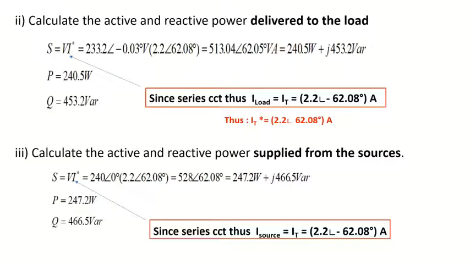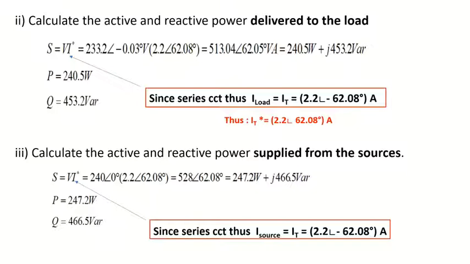The I you got is about 2.2 with minus 62.08, right? But for the apparent power, the I must be in conjugate, or the angle in opposite sign. So instead of 2.2 minus 62.08, the I conjugate now is 2.2 with plus 62.08 degree.